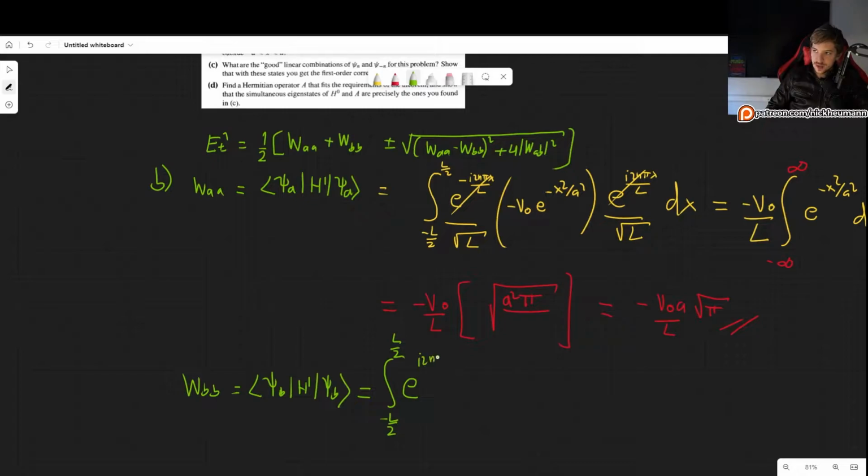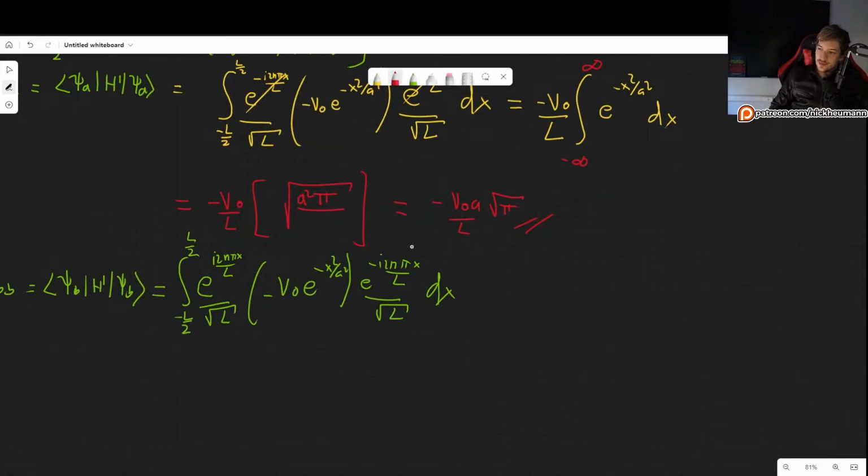So e to the i 2n pi x over L divided by the square root of L, minus V0 e to the minus x squared over a squared, e to the minus i 2n pi x over L divided by the square root of L. Now this integral is the same as before because the exponents cancel out. So just as before, we get minus V0 a square root of pi over L, which means that WAA is the same as WBB in this case.